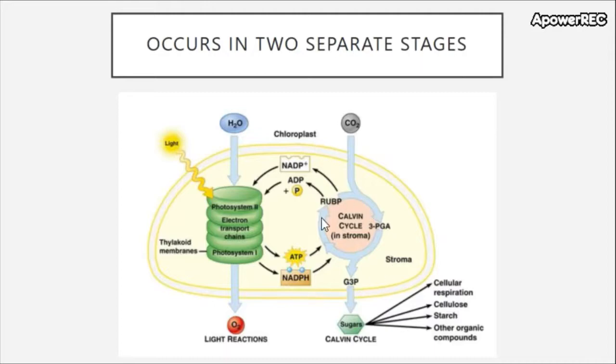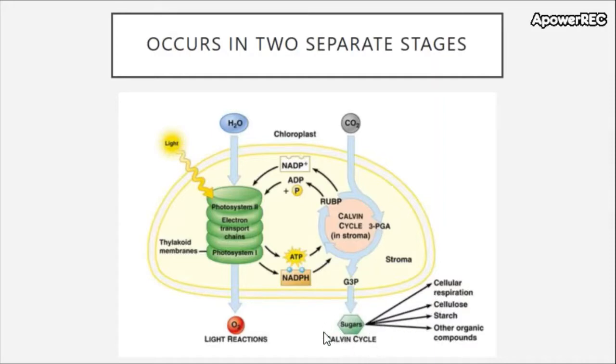And then in the Calvin cycle, we can consume our ATP and our NADPH. NADPH is kind of like how we said GTP is like ATP. Well, NADPH is the photosynthesis version of NADH. We can use this to produce a variety of other sugars that can come out of this.